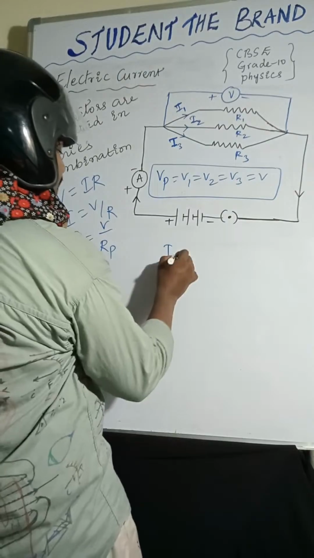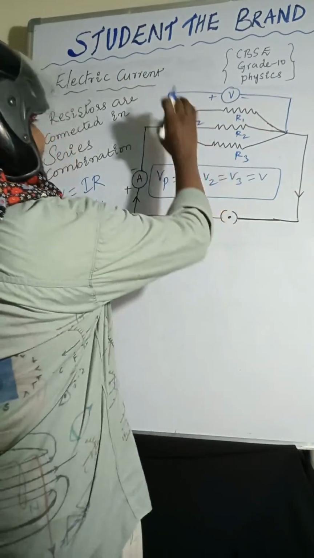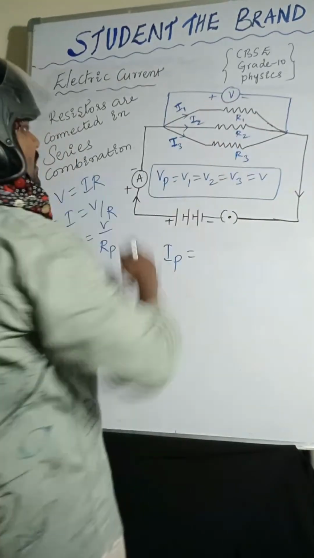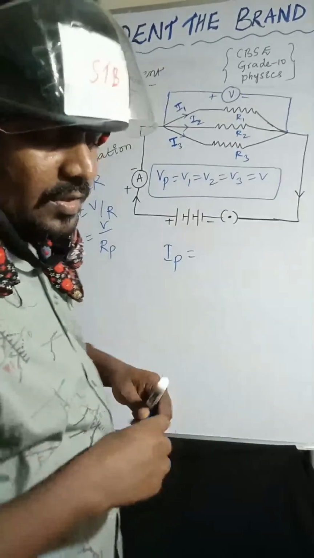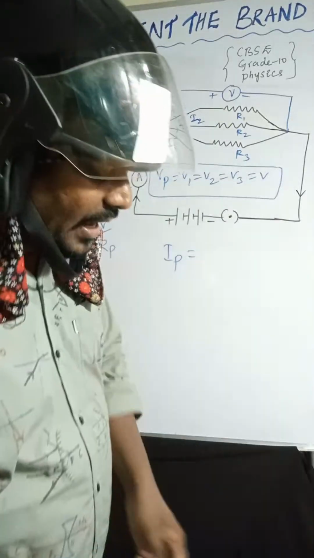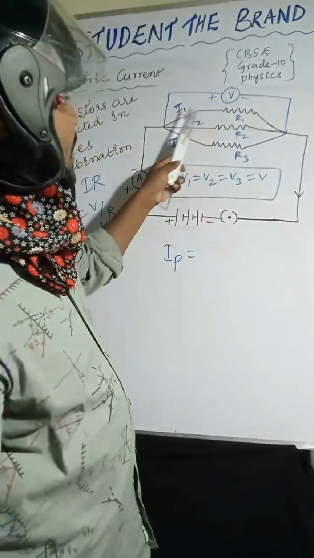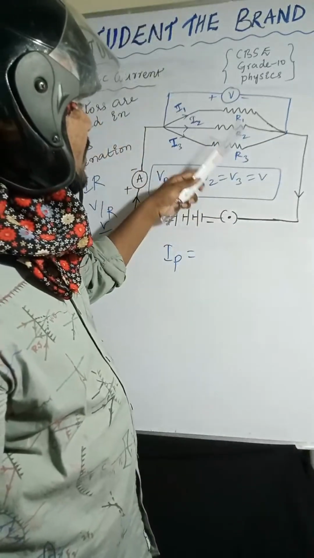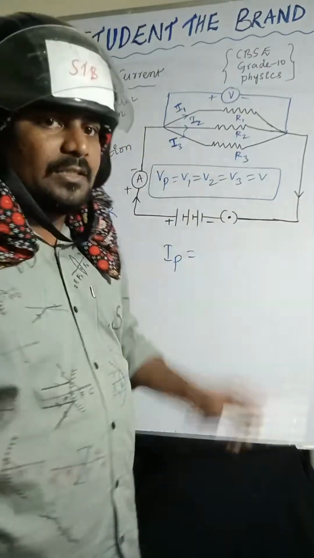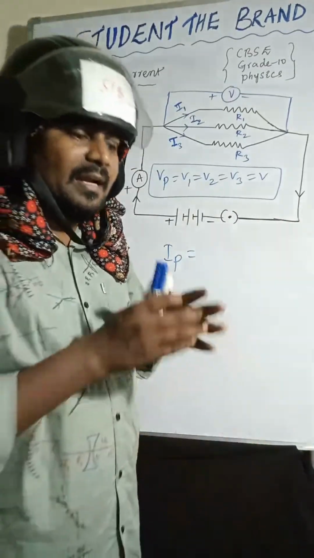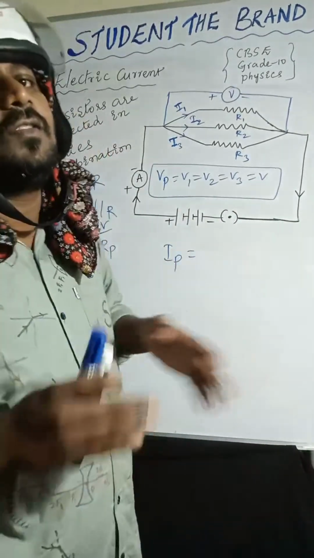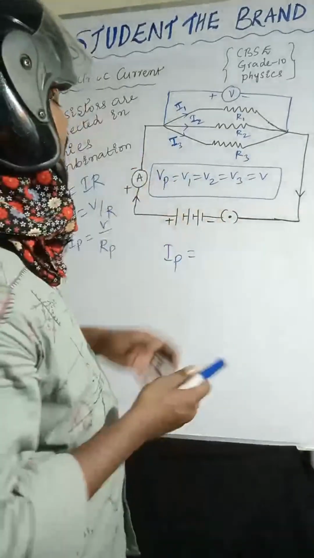Now the current is dividing: across R1, I1 is going, across R2, I2 is going, across R3, I3 is going. The current is splitting into three parts.